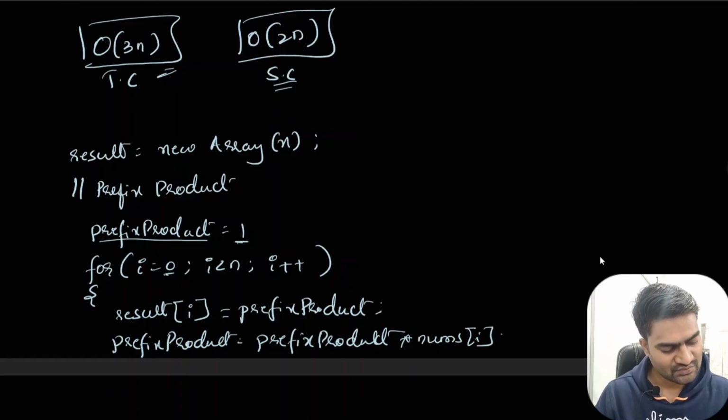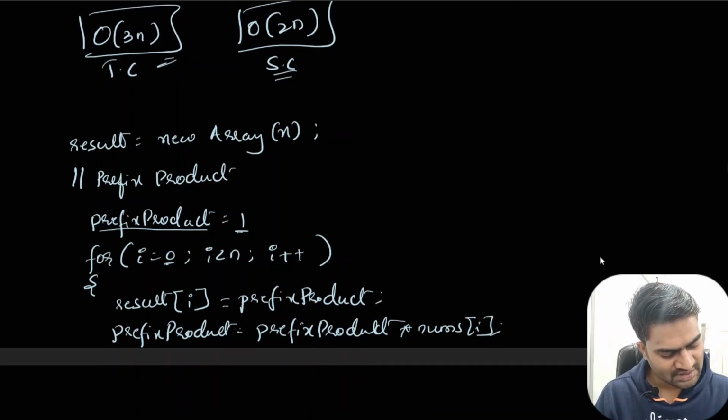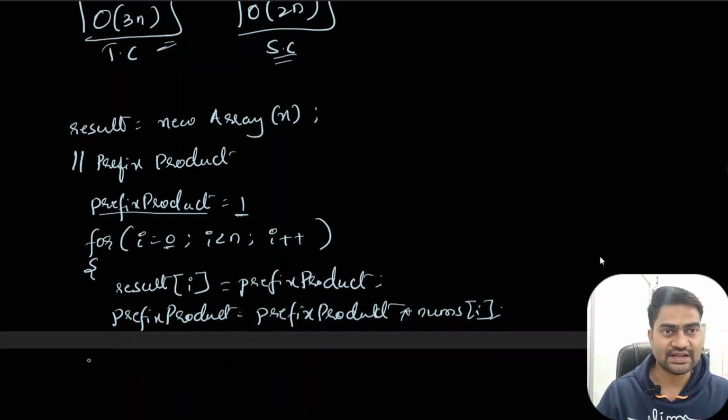With this our prefix product gets updated, and in the next iteration when we put the value at result of i, the current prefix product relevant to the i plus 1th index will be added here. So this way we will put the prefix product.